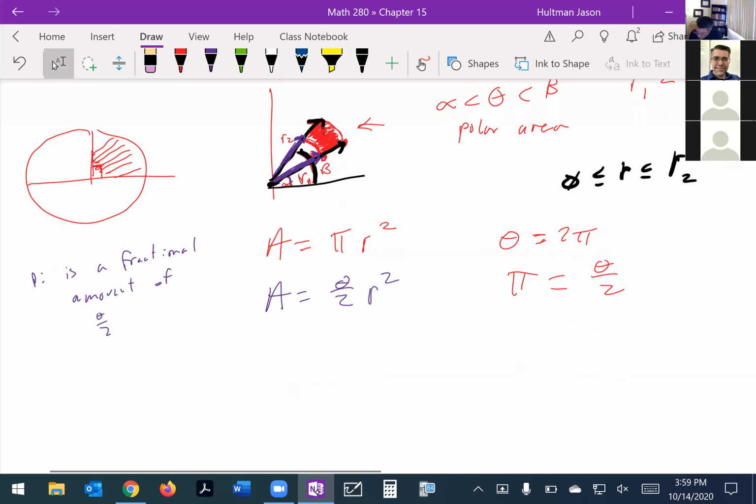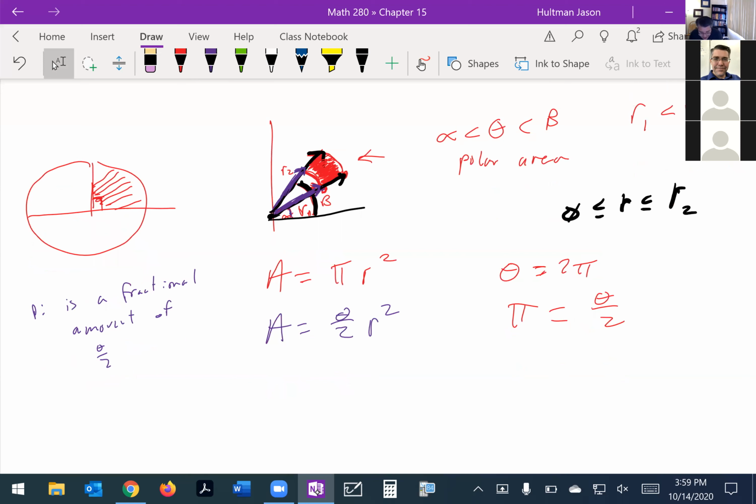Okay, so let's look at the change in area. This change in area, I'm going to call dA, the change that's occurring in this area. So what is the area of this sector, how this area is being swept out or changing?